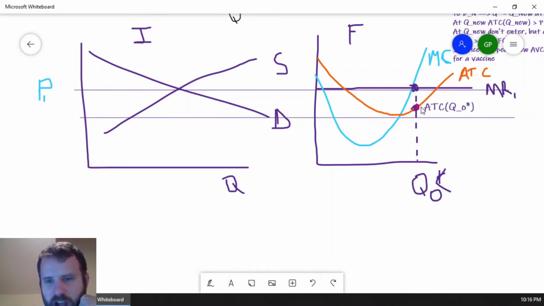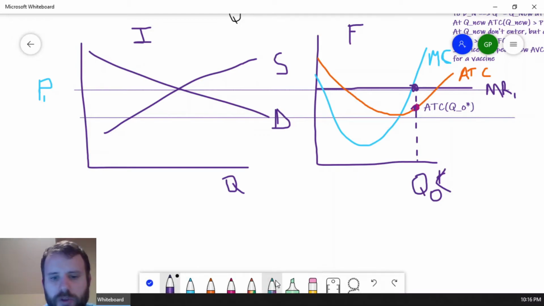Okay, so this dot here is your average total cost of Q star, old.